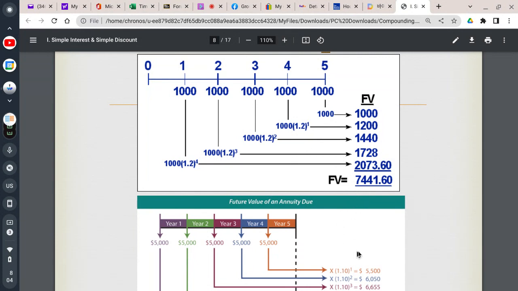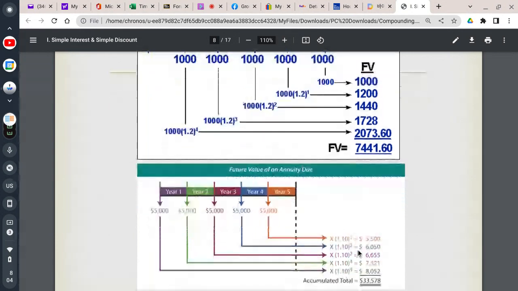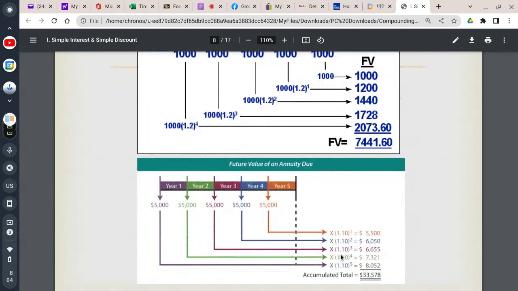One more compounding is the difference. Structurally, there is one more compounding for annuity due. The first payment, first deposit, in this example, only compounded 4 times, 5 times, 3 times, 4 times, 2 times, 3 times. So every deposit gets compounded one more time, right?